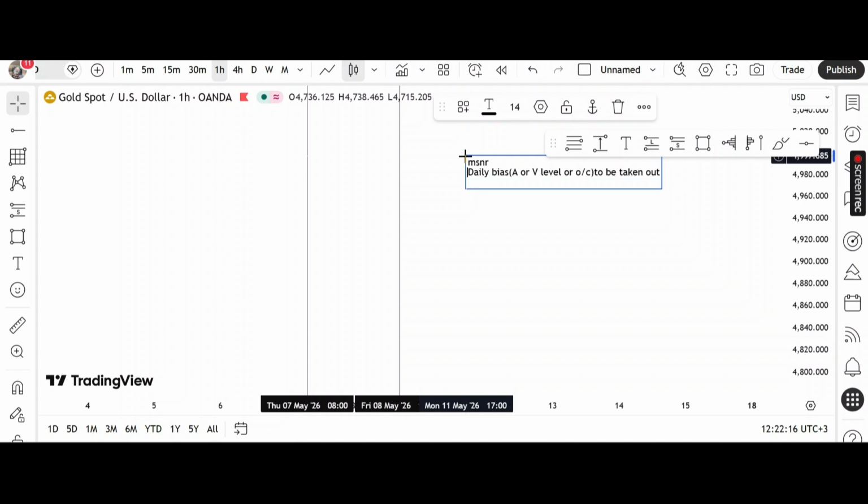Then that's number 1. Then number 2, you look for a breakout in the New York session in either 4 or 1 hour. You look for a breakout in the New York session, either 4 or 1 hour, in the New York session kill zone.